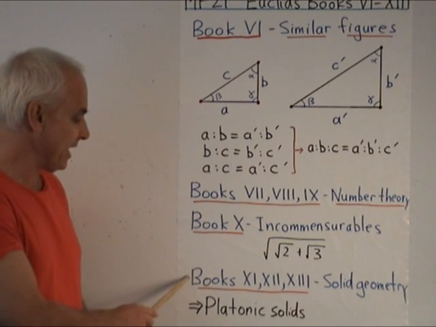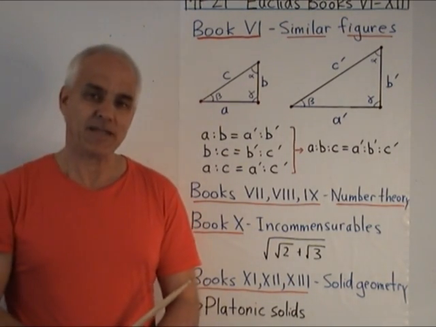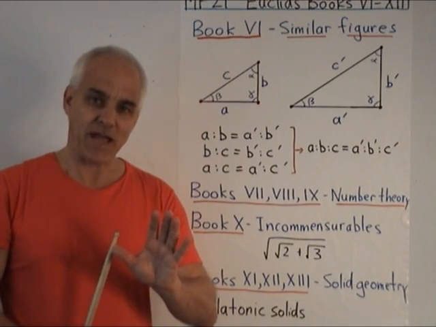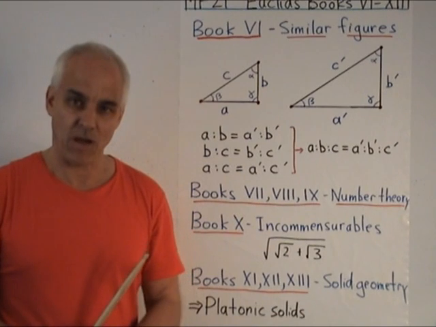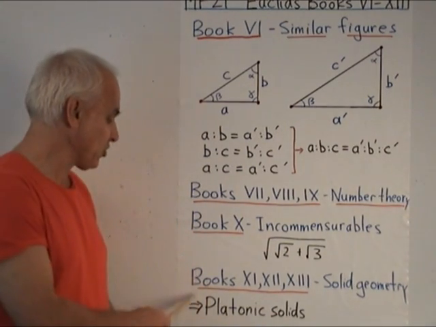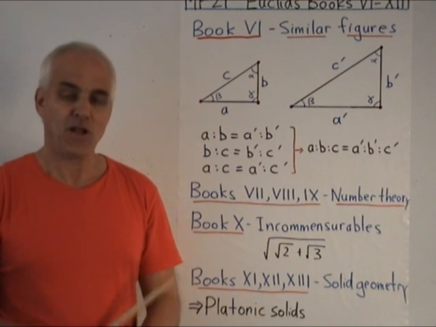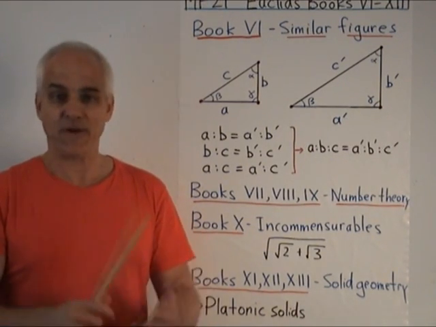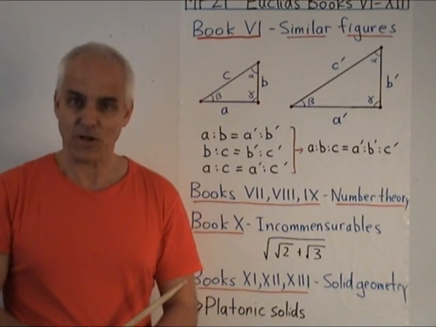It's books 11, 12, and 13 that are quite interesting because that's when Euclid branches out into solid geometry or into three-dimensional geometry. And there are a lot of interesting and difficult results in these books, culminating in sort of the grand finale of the classification of the Platonic solids.